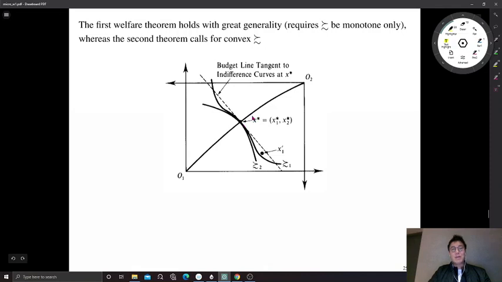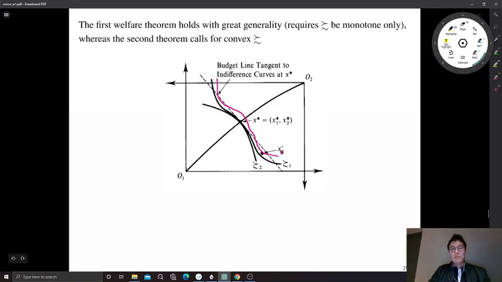So consumer B will choose X star, but consumer A will not choose this one. Although his indifference curve is tangent to this dotted line, this budget line, consumer A has an incentive to deviate to x1 prime or some other points, because by choosing this point, consumer A can be better off. The new indifference curve passing through this x1 prime is above the previous one.